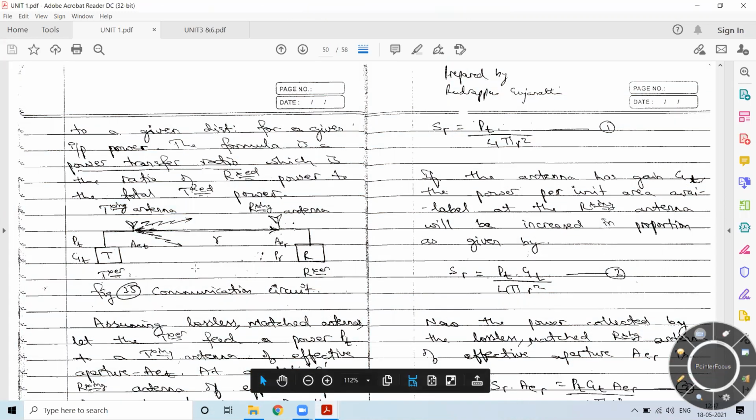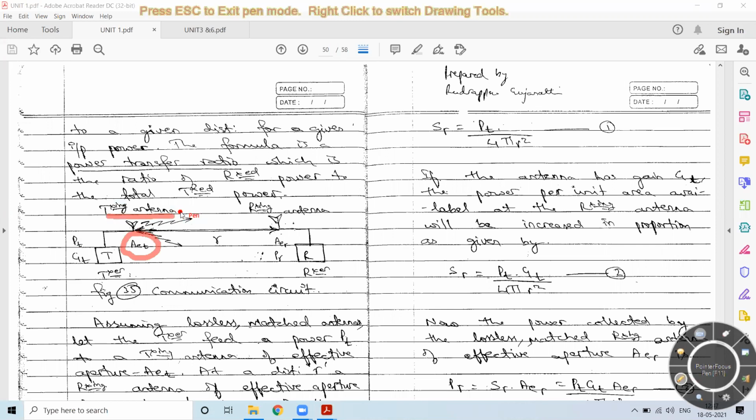At the transmitter side, the antenna parameters we need to look at are the effective aperture of the transmitting antenna, the power being transmitted from the transmitting antenna, and the gain of this antenna. These parameters are given by AET, PT, and GT respectively at the transmitting end.